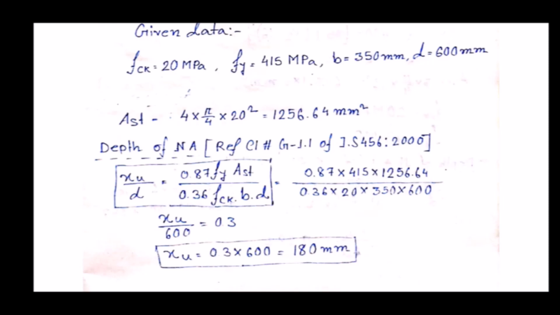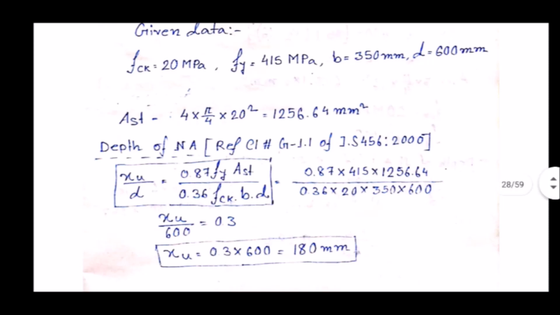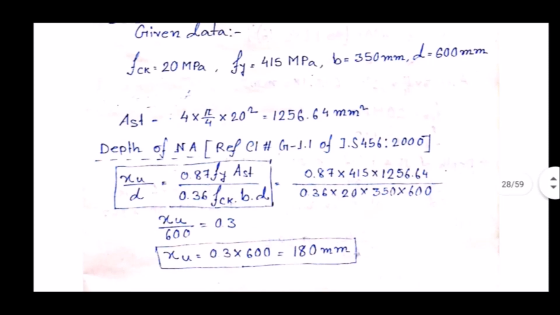So that is equal to 0.87 into fy, which is 415 as we see as per the question, and the area of steel, as we found out, 1256.64, by 0.36 fck, that is 20, into b, small b, that is the width 350 mm, and depth is 600 mm.